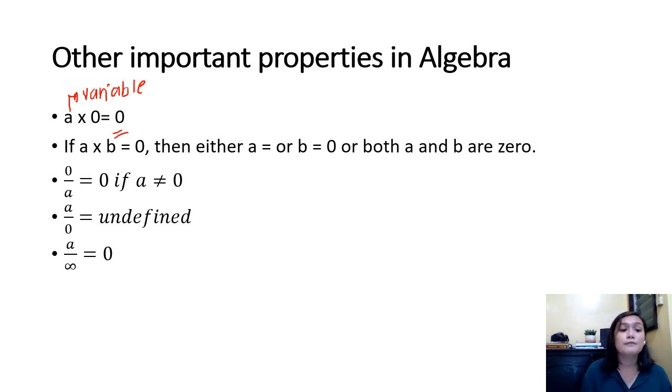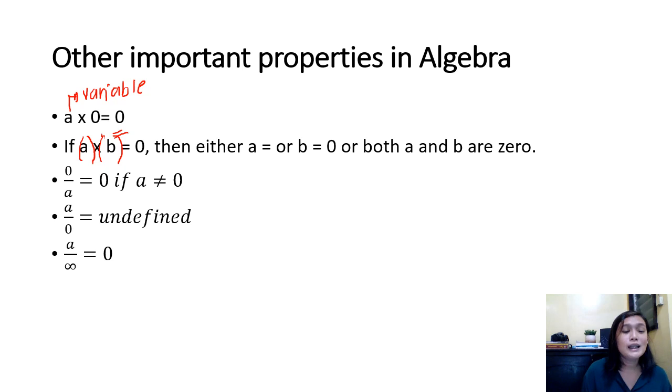So if a times b is equal to 0, then either a is 0 or b is 0, or both of them are 0.